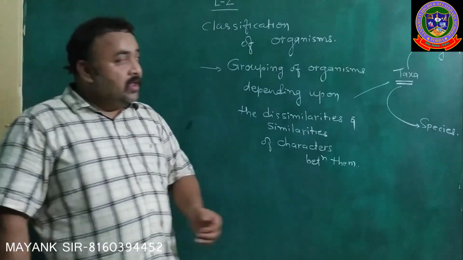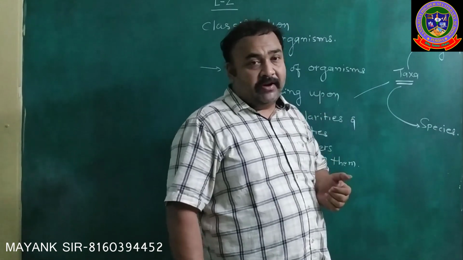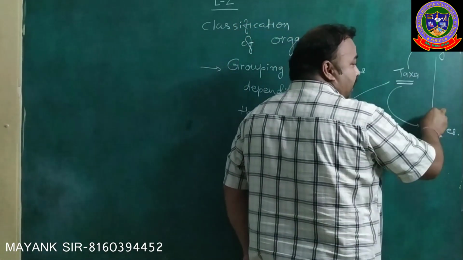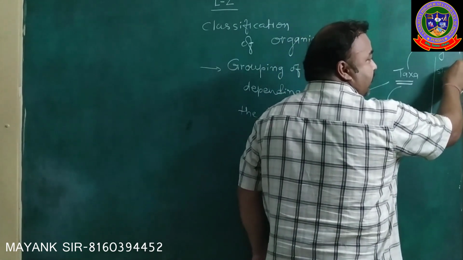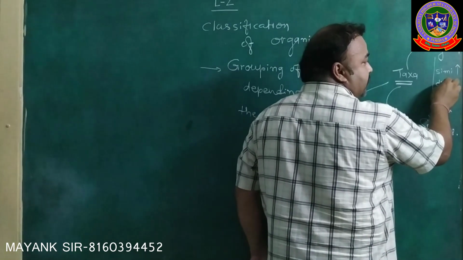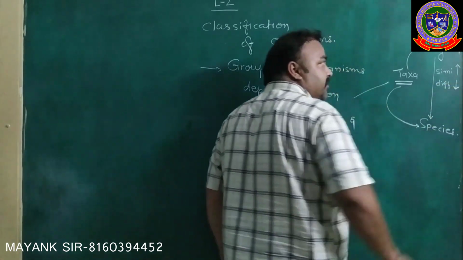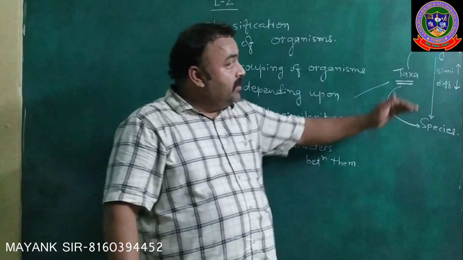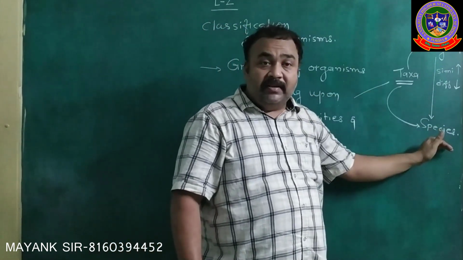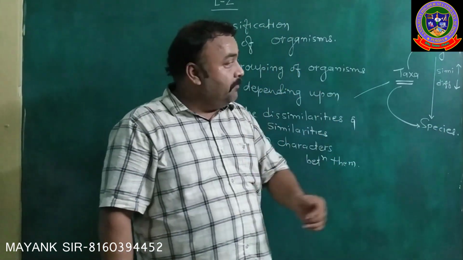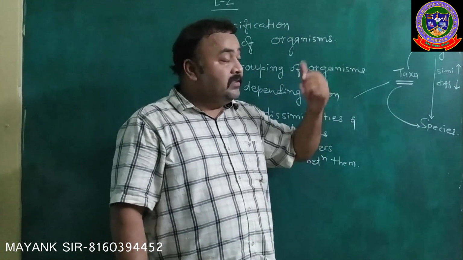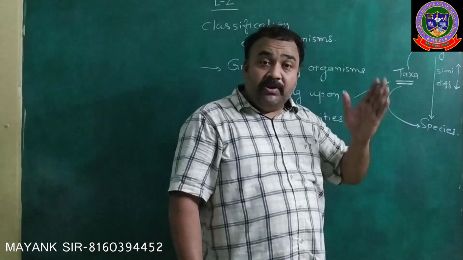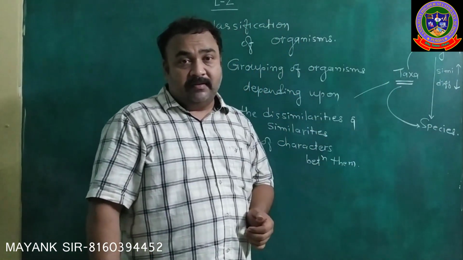So friends, when we move from kingdom to species in classification, what happens? The similarities increase and the differences decrease. When we move from kingdom to species in a classification system, the similarities among the organisms increase, whereas the differences between them decrease.